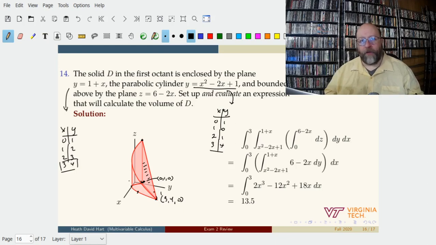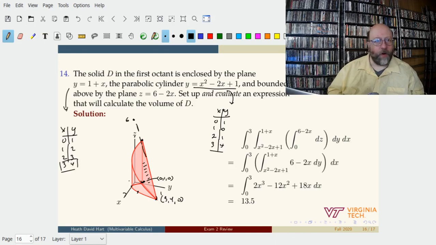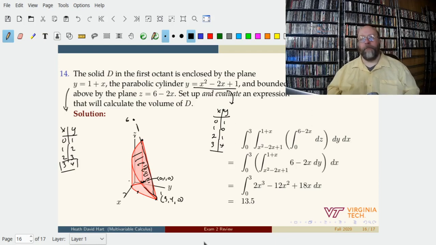And then it's bounded by this diagonal plane, z equals 6, 6 is actually up here, minus 2x. And so what's happening is, as we go further out in the x direction, the z coordinate comes down, and that's what's flattening this shape off at the top. Okay?